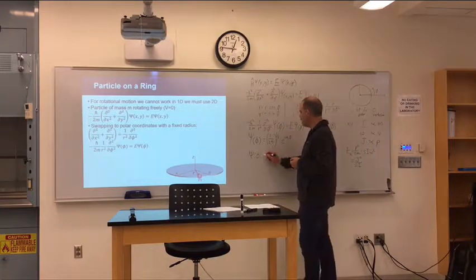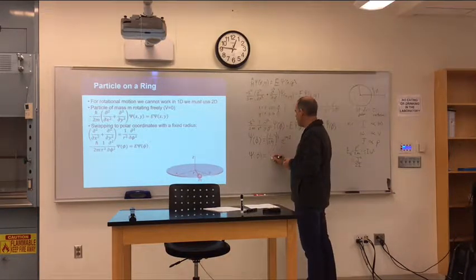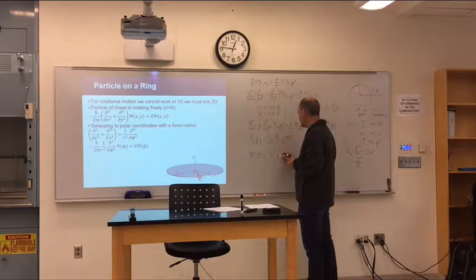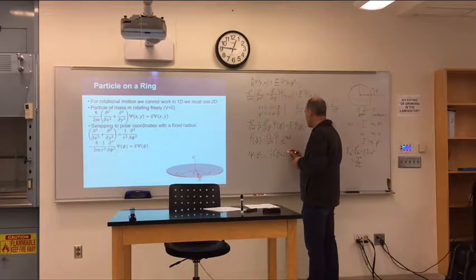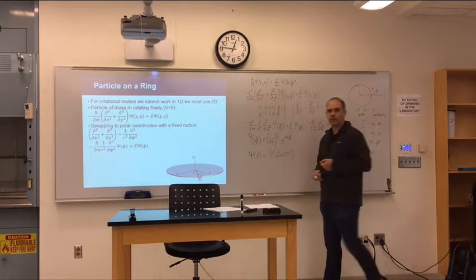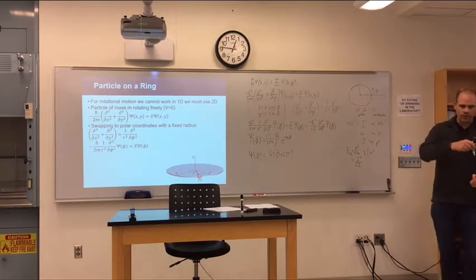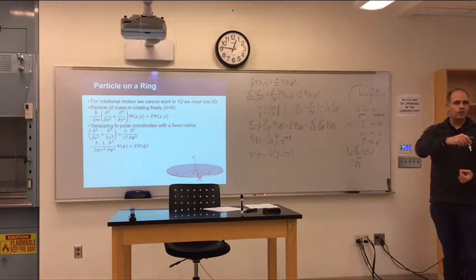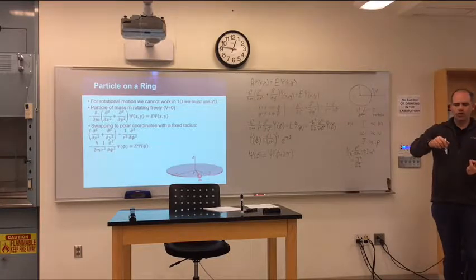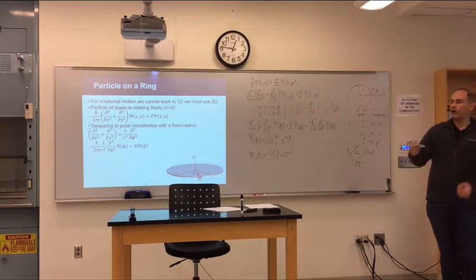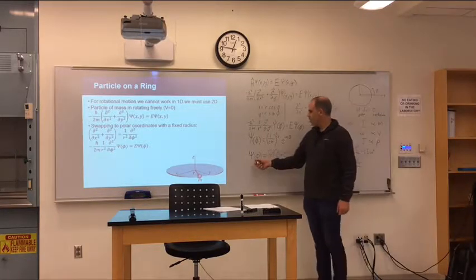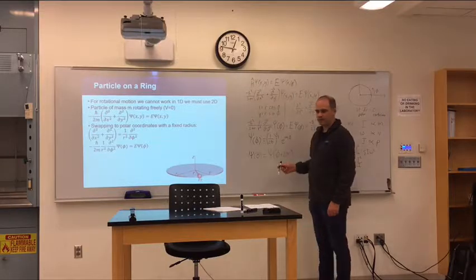So what that means is that our value as we go around the ring has to be the same as the next time around the ring. Going around the ring is 2 pi radians. So if we go a quarter radian the first time around, we go pi over 2 plus another quarter radian, we're at the same spot. So this value here should be the same as that value there.